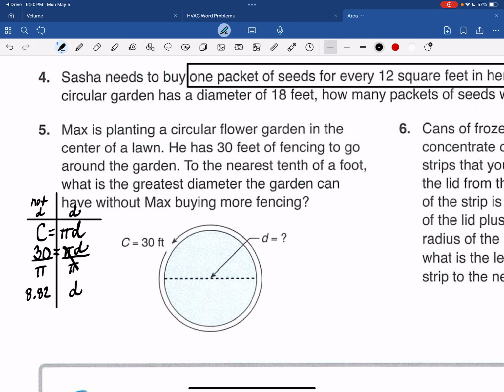So let me try it again. 30 divided by 3.14. I don't know where I got that. Always ask yourself if it makes sense. 9.55. You see why I like mental math. So I'm going to call that 9.6. I don't really know why. I guess because we rounded to the tenths up above. Or you could leave it as 9.55 approximately.